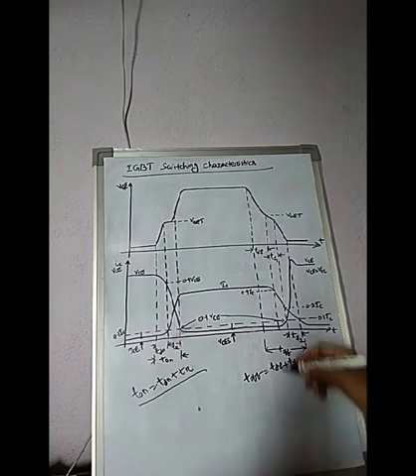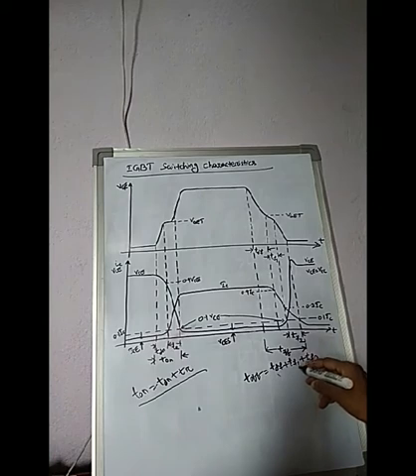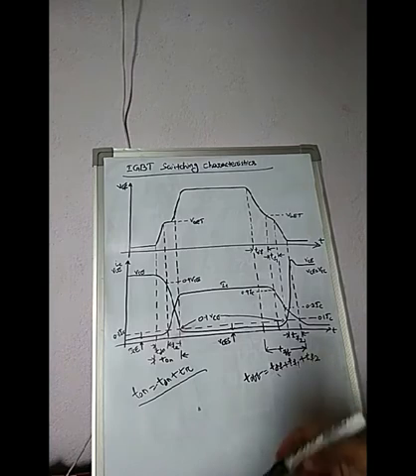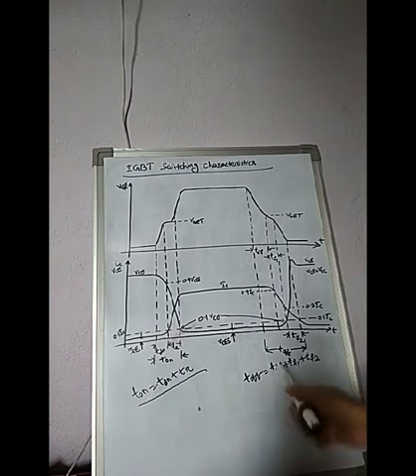TDF is the delay time, turn off delay time. TF1 is the initial fall time. TF2 is the final fall time.